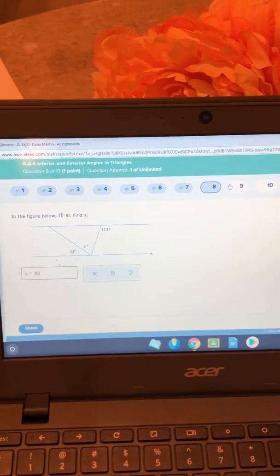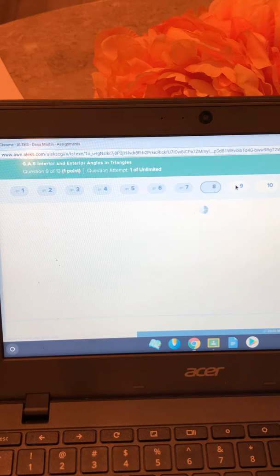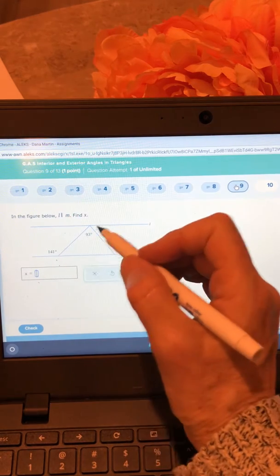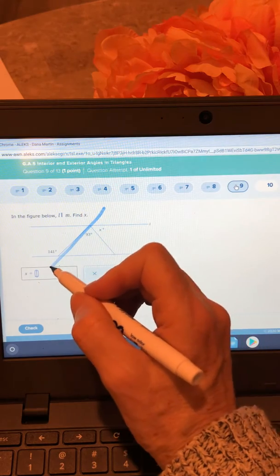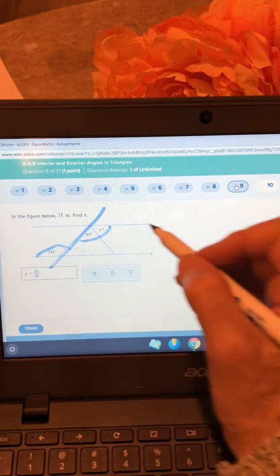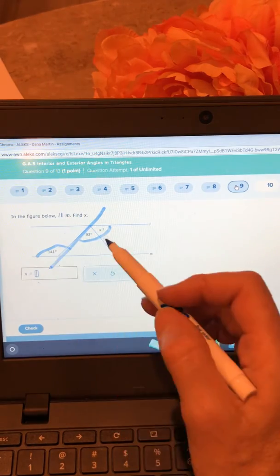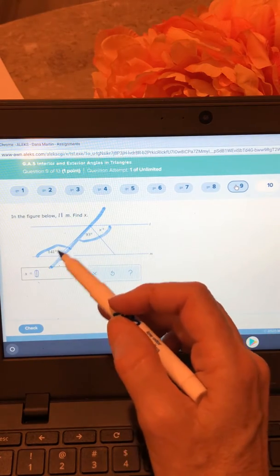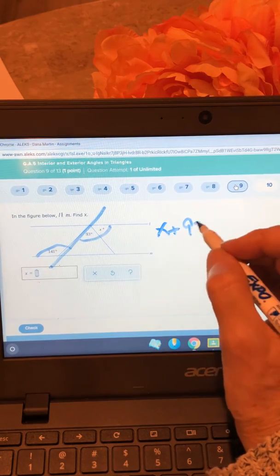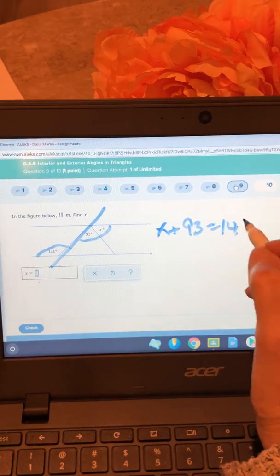So when you know alternate interior, exterior, corresponding, supplementary, just like vertical angles, opposite angles are congruent, you can fill in blanks real fast. Once again, imagine that being the transversal. There's your one alternate interior angle, and there's your other. They're on alternate sides, and they're inside the parallel lines. So x plus 93 equals 141.